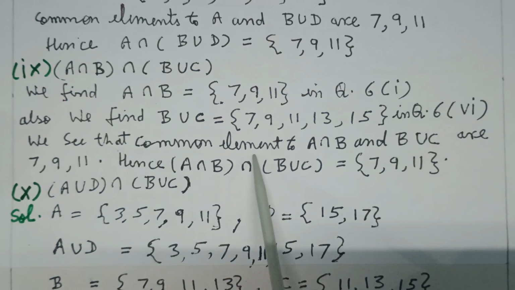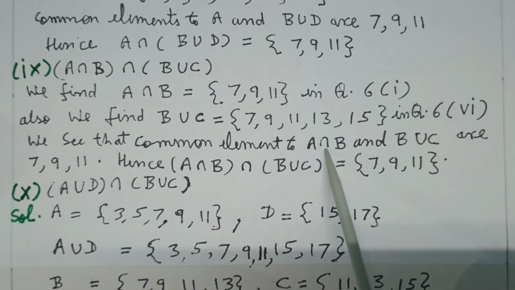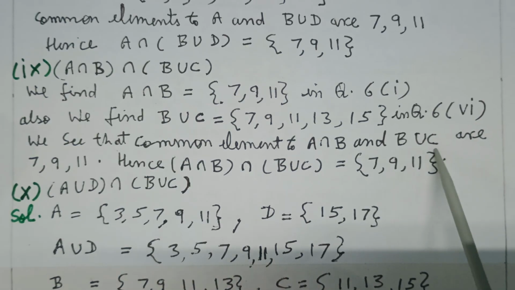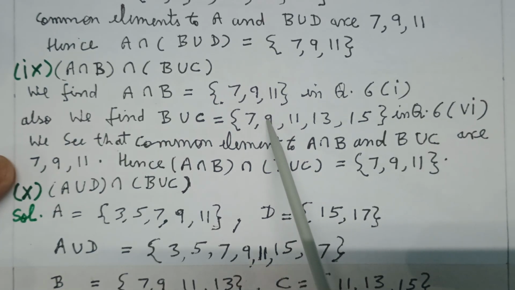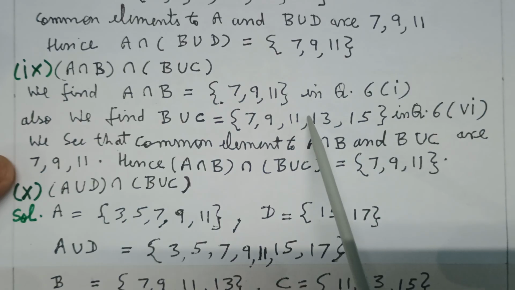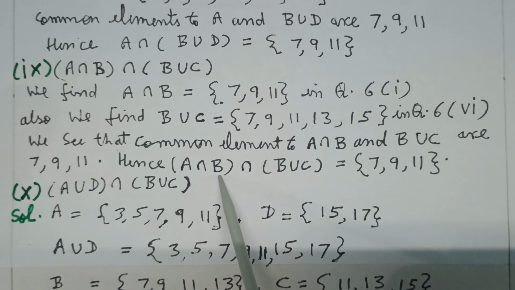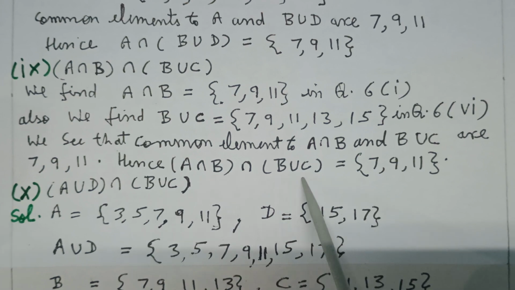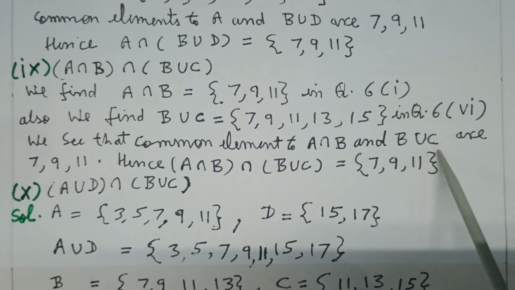So we see that common elements to A intersection B and B union C are, देखिए, 7, 9, 11. 3 elements 7, 9, 11. Hence A intersection B union C is equal to 7, 9, 11 within braces.